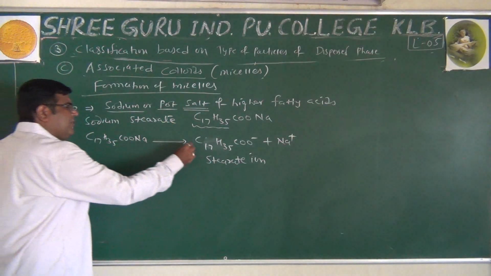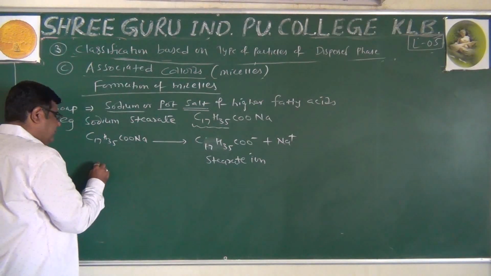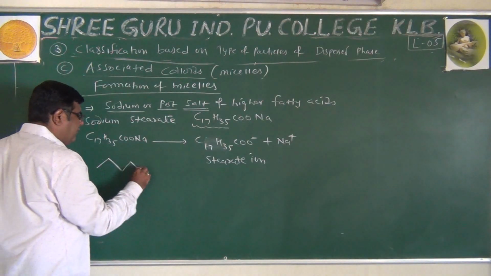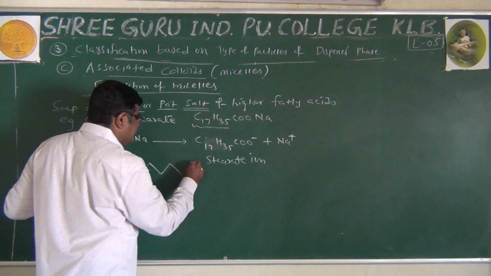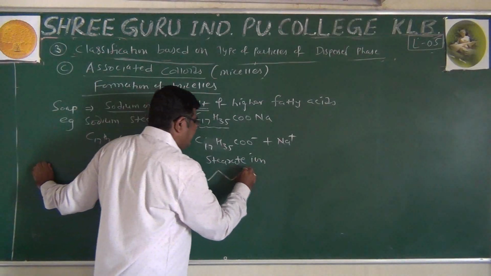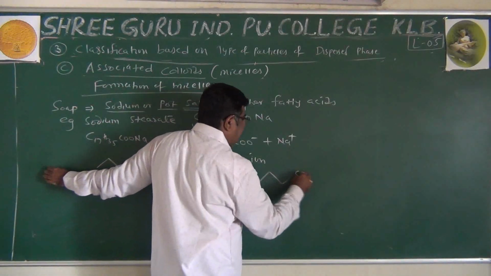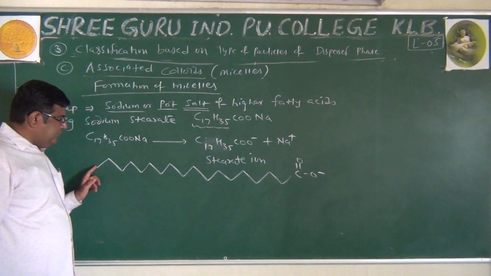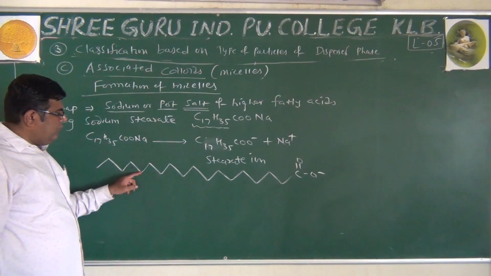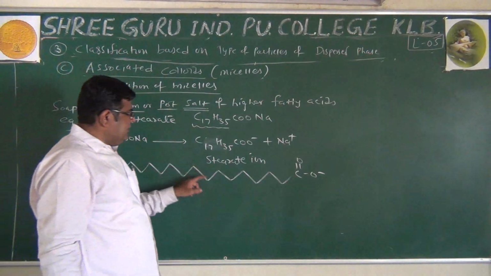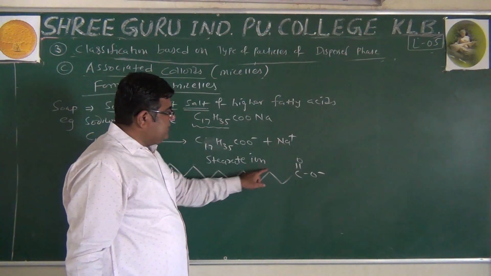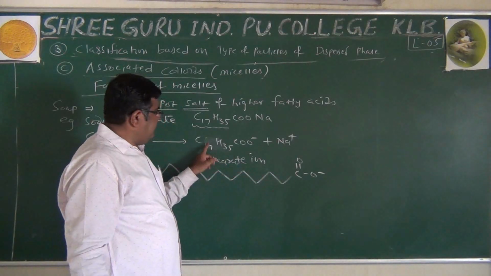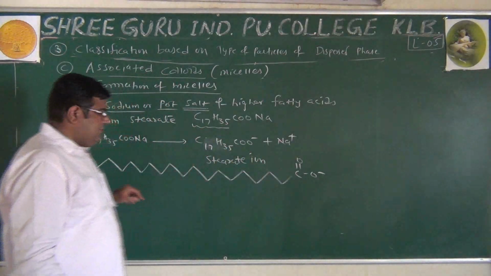If you look into the structure of this stearate ion, 1, 2, 3, up to 17 carbons, this is the hydrocarbon chain, and this COO⁻.